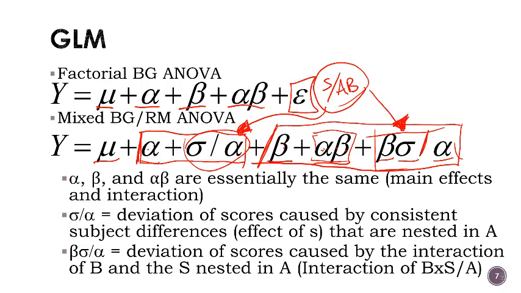So it's now the average consistent scoring of subjects across the between groups. And then the beta by S with an A is how the B factor, the B variable, interacts with that consistent scoring, or with the subjects nested within each A level.